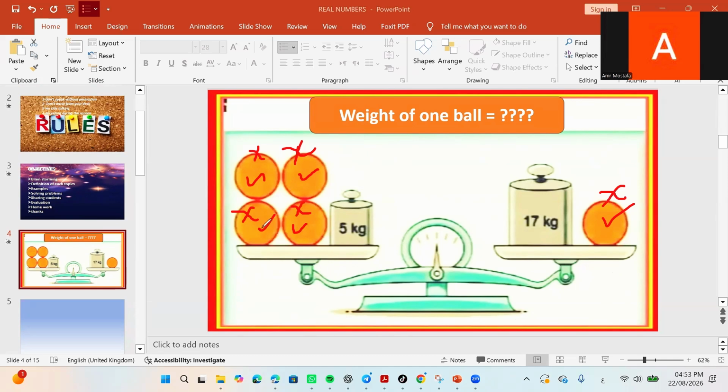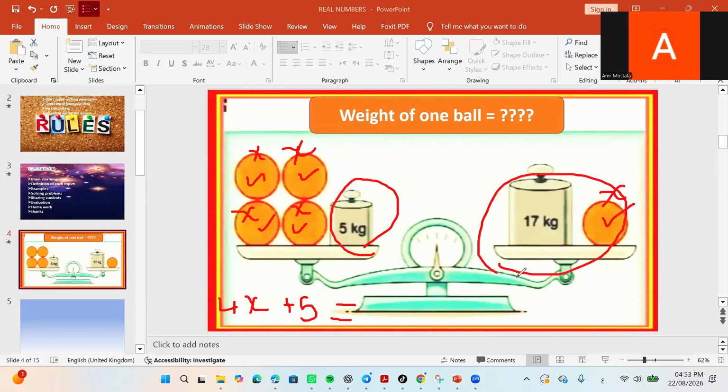So x and x and x and x is 4x plus 5 equals, on the other side, 17 plus x. Okay? This is an equation.